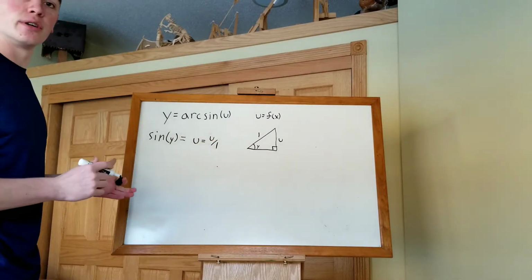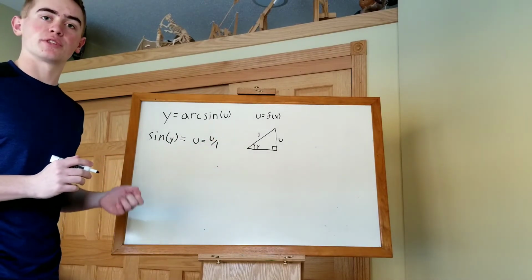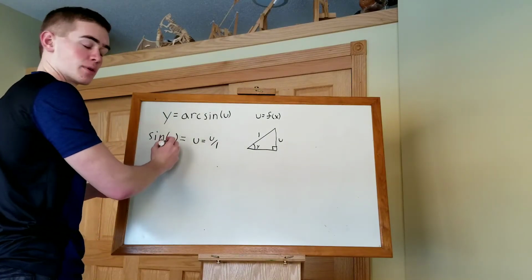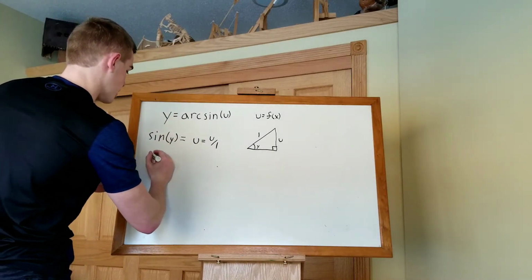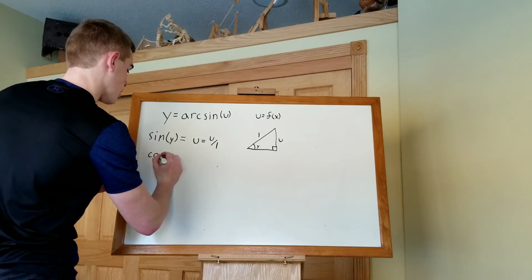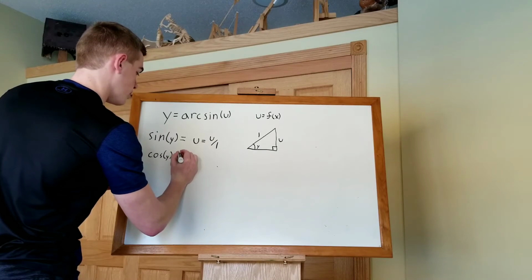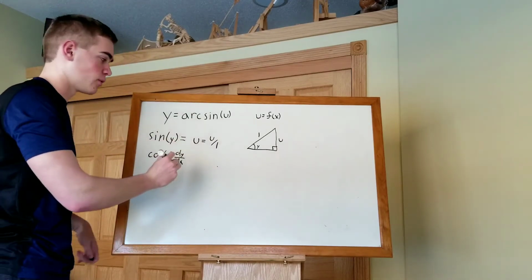So now what we're going to do is take the derivative of both sides with respect to x. So we're going to take the derivative of this side with respect to x, which is going to give us cosine of y times dy dx, which is what we're looking for.